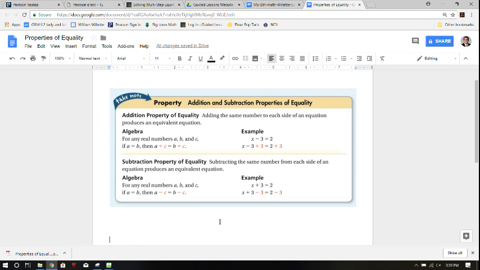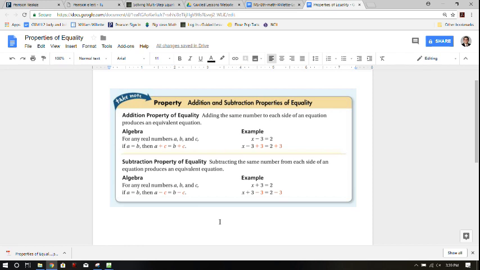The first one is the addition property of equality. It states that if you have 3 different numbers, a, b, and c, and a is equal to b, like 4 is equal to 4, then a plus c equals b plus c, like 4 plus 3 equals 4 plus 3. An algebraic example is x minus 3 equals 2.